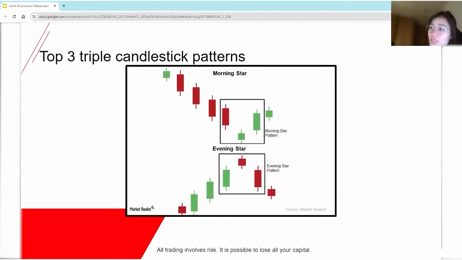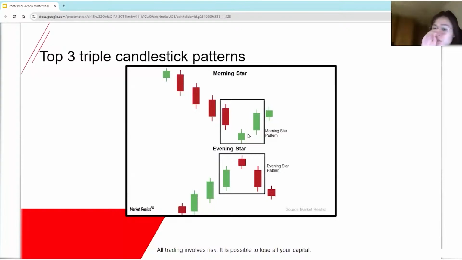Okay, so for the morning star, it typically occurs at the end of a downtrend. That's why we say it's a reversal. So the first candle, which is this red one, is a long bearish candle, which indicates a strong downtrend. Whereas our second candle tends to be a smaller shape, can be bullish or bearish actually, that gaps down and it shows indecision in the market.